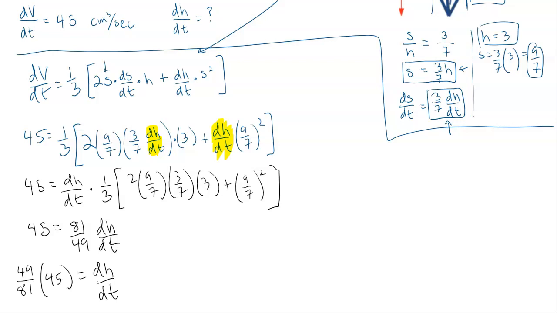And multiplying that out, that gives me 245 over 9, which is about 27.2. And this is in centimeters per second.